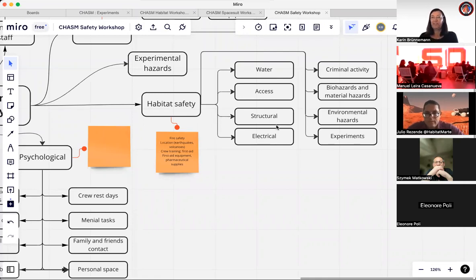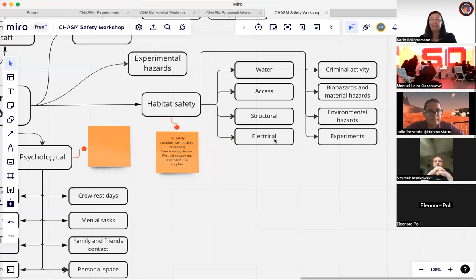Yeah, that electrical wiring is done in a safe way. We need to make sure that we have electricity at least most of the time. It might not be necessary all of the time, and there might be some experiments that actually require us being without electricity.